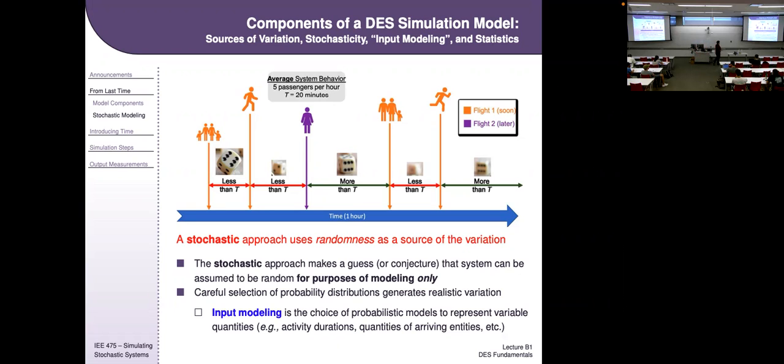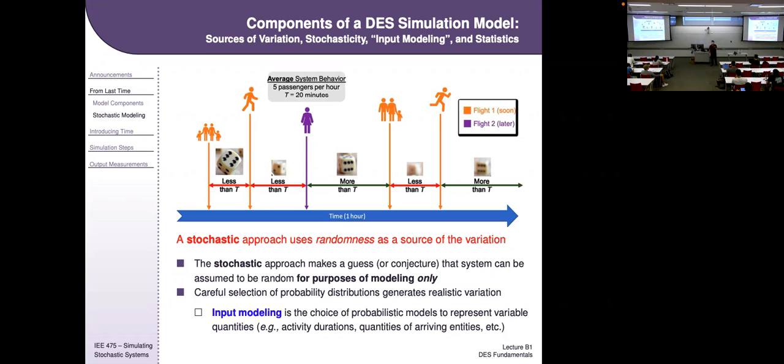And that idea of using randomness as a source of variation in a model is what we refer to as stochastic modeling. Stochastic means guess or conjecture. I'm making the conjecture that I can use a random model, even if the real world system isn't random. So we're not simulating quantum mechanical systems or anything like that.